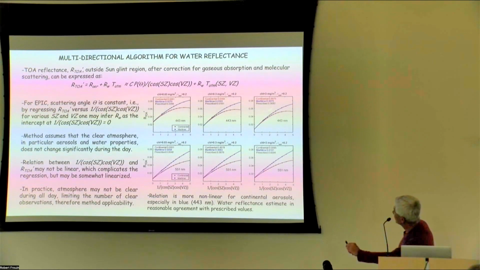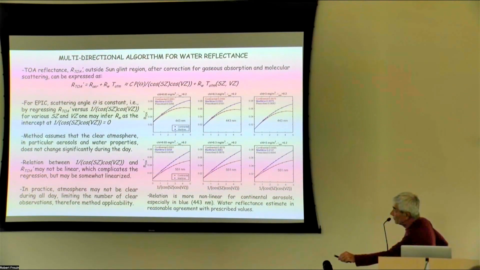This is the reflectance that corresponds to those chlorophyll concentrations. And you can see that when you plot this term as a function of this predictor and extrapolate to 0, you get something that corresponds really to what is prescribed. So this is the basis of a technique that could be used to estimate water reflectance for EPIC.